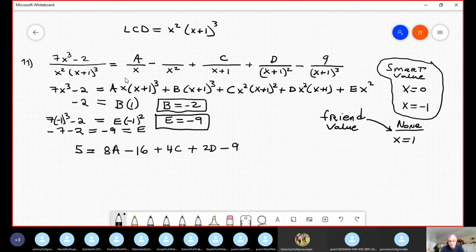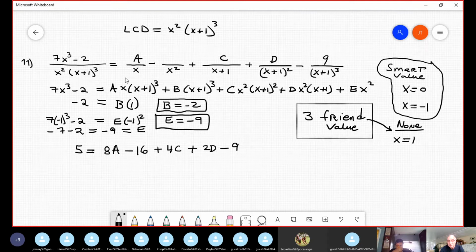Okay? So now I need to manipulate my equation a little bit. I know we have 3 unknowns, a, c, and d. That means that we need to use 3 frame values. And the last moment in this problem is 3 equations and 3 unknowns. Very, very hard. But let me try to manipulate in order to express it in standard form.